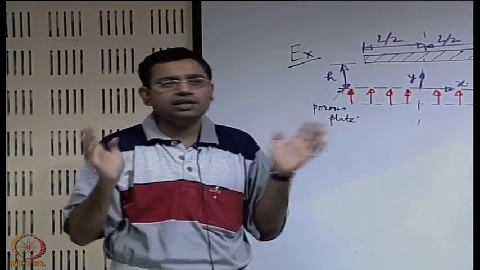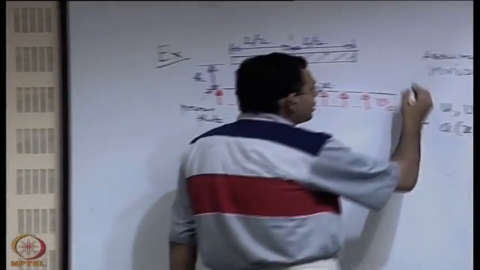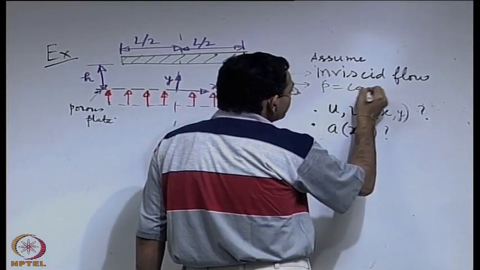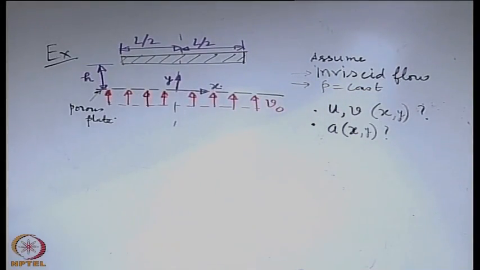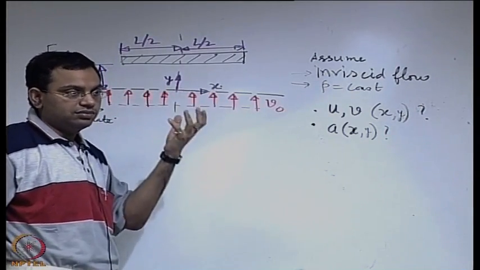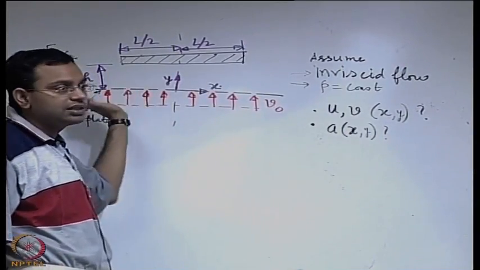So here let us say that rho is a constant, so that is another assumption that we make, rho equal to constant. When we make the assumption of rho equal to constant, we have to just consider the area times the average velocity, what enters is same as what leaves.